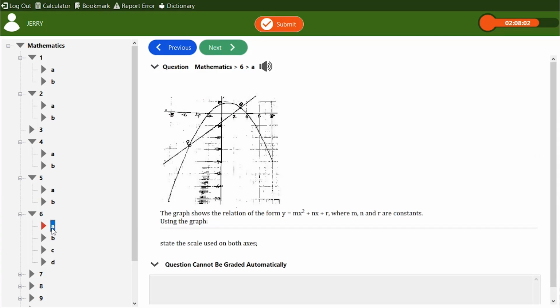Okay. Now question number 6A is a graph. Not too clear, but we are having 2, 4, 6, 8.